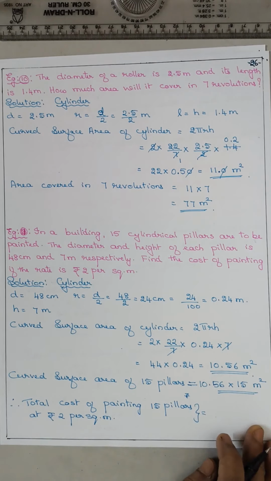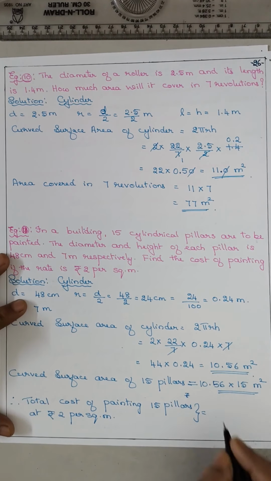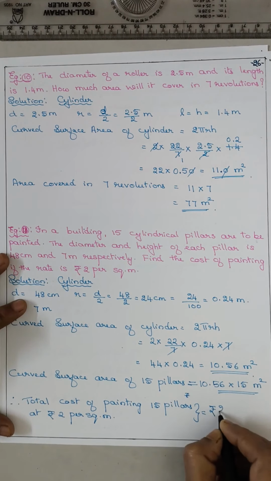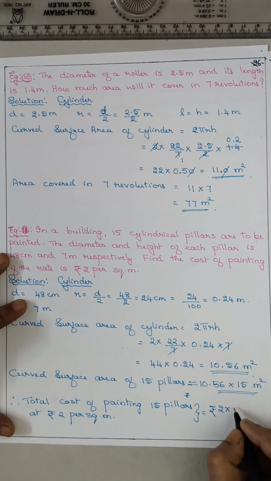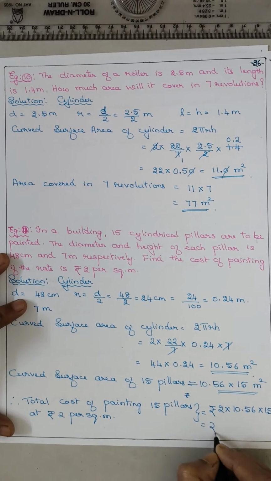You can multiply and then find out. Otherwise, it is rupees 2 into 10.56 into 15. Now the calculation is easy.